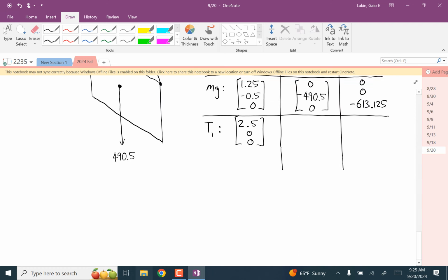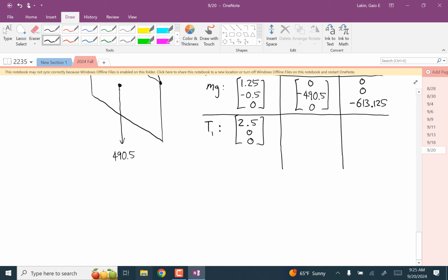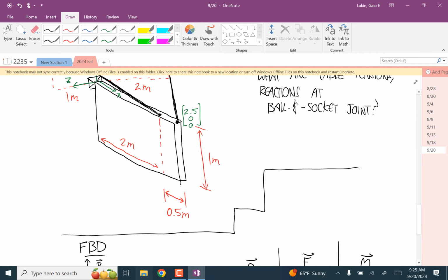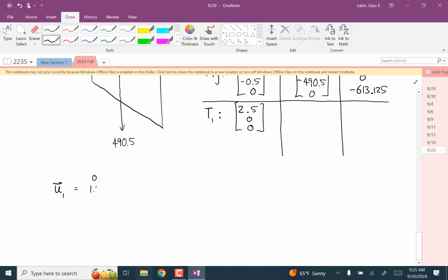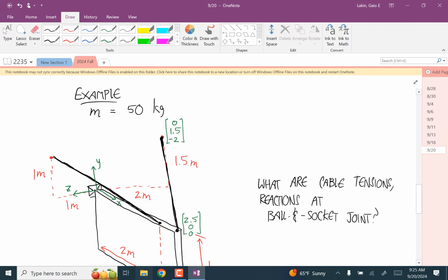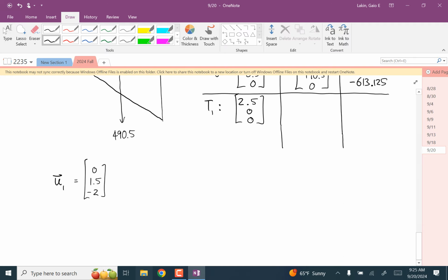So I'm going to come down here, and my u, it's not a unit vector yet, I'll call it u1 to match with the T1. This is equal to 0, 1.5, negative 2, minus 2.5, 0, 0. And so that's negative 2.5, positive 1.5, negative 2.